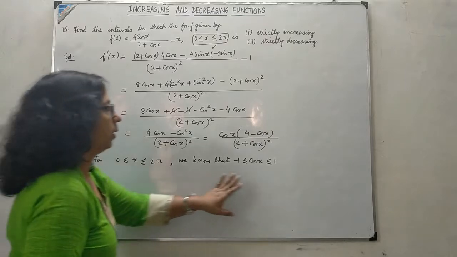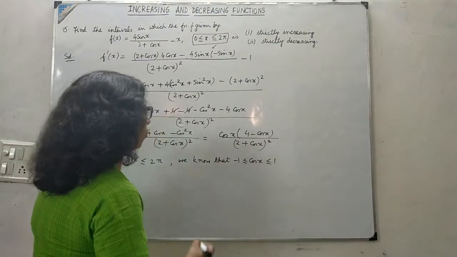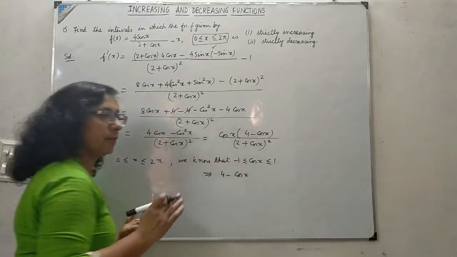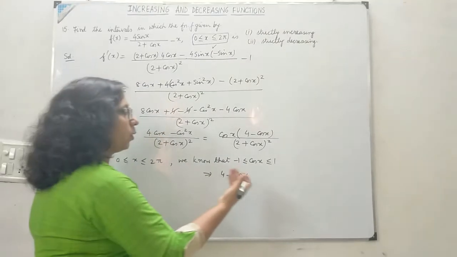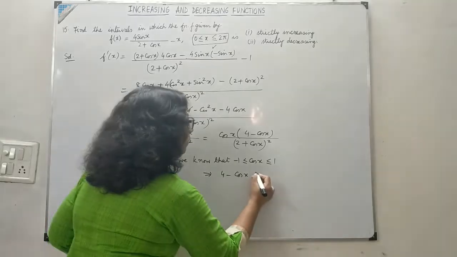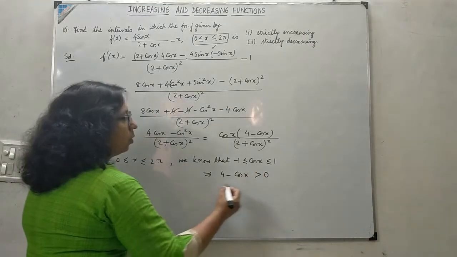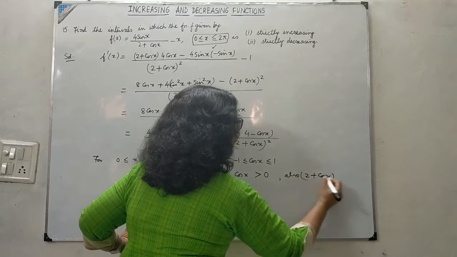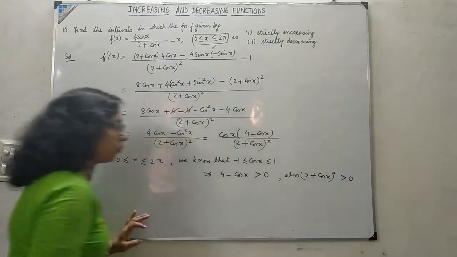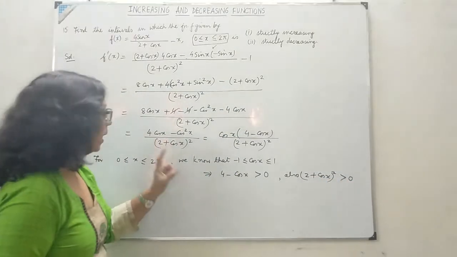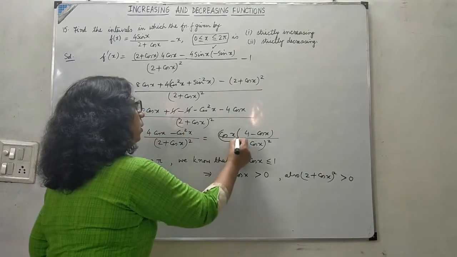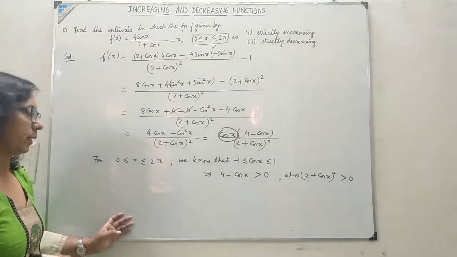So from here, we can get the value of 4 minus cos x, because the least value of cos is minus 1 and the greatest value is 1. So this term will be positive. Also, (2 plus cos x) whole square will be positive. So from here, we can see that the sign of the derivative, plus or minus, depends only on cos x.